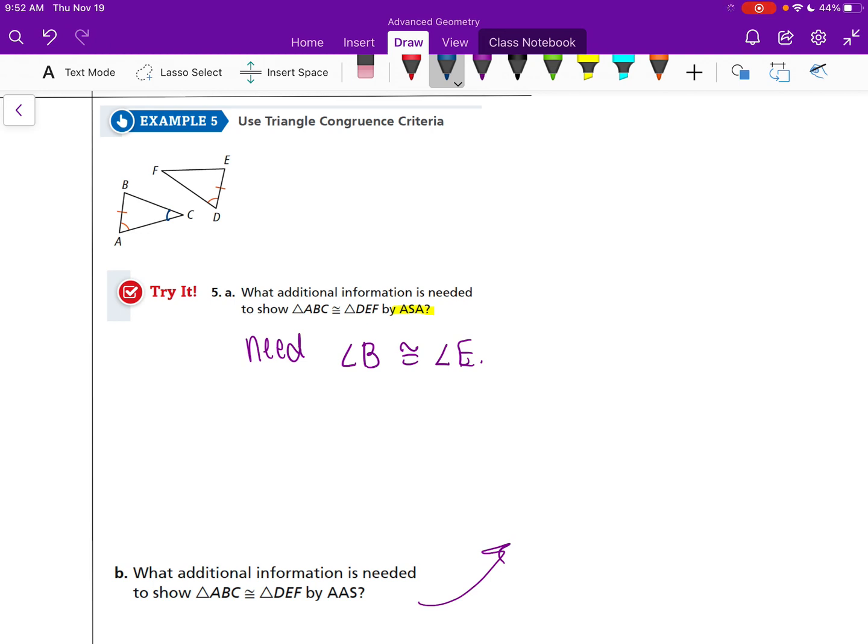That'd be angle C and angle F, angle, angle, side. So we would need that angle F is congruent to angle C, or C is congruent to F, it doesn't matter which way you do that, in order to prove it by angle, angle, side.